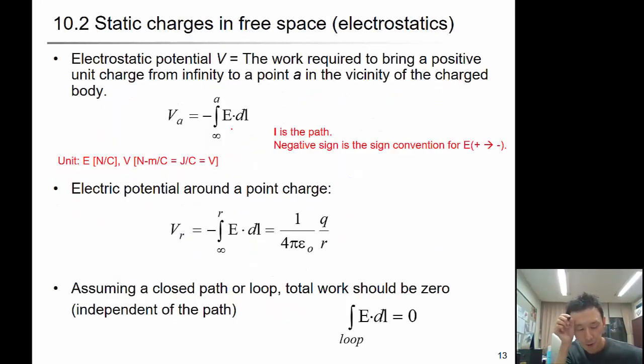Okay, so then using this kind of a concept, we can also describe and define the potential V. The electrostatic potential V is defined as the work required to bring a positive unit charge from infinity to a point A in the vicinity of the charged body.